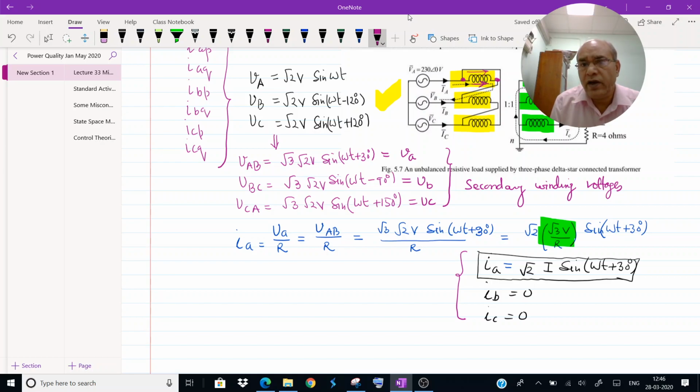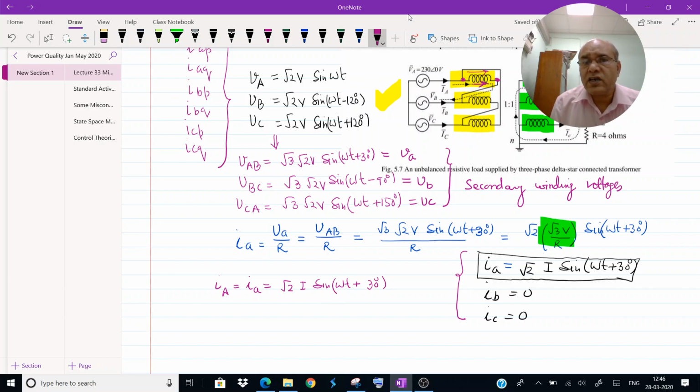See the arrow here? This current will now get transformed to this current. Therefore, what is capital IA? Capital IA is therefore IA, because the turn ratio is 1:1, which is the same as root 2 I sine omega t plus 30 degree.